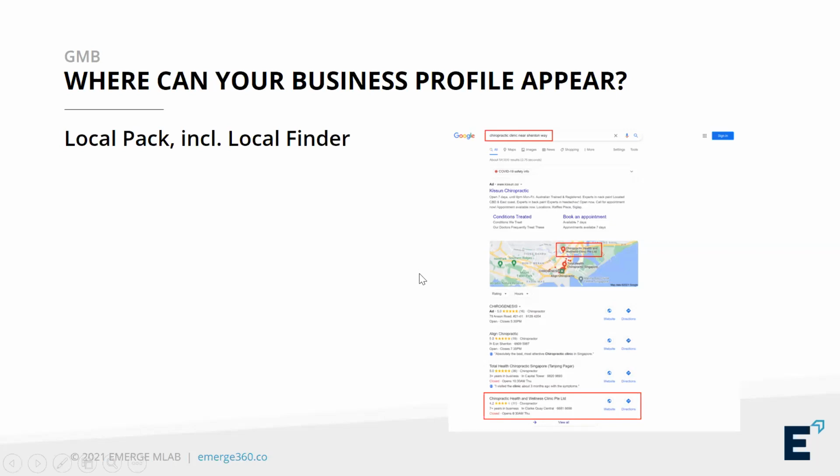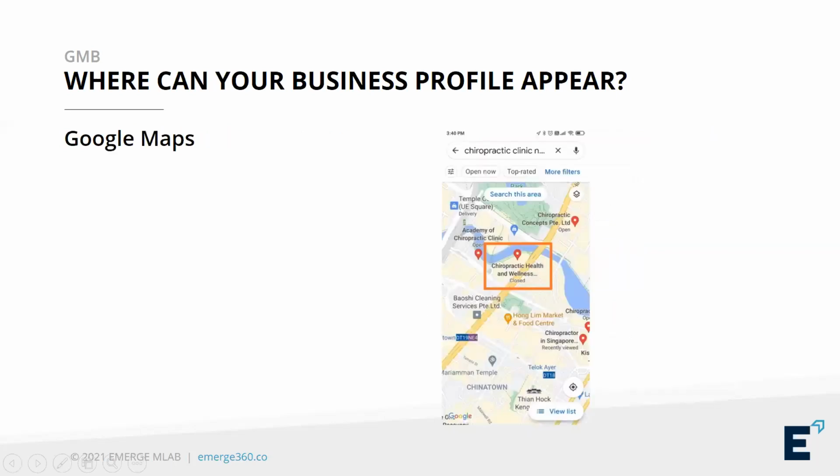It could, right? The next is if a driver were to search in maps, for example, chiropractic clinic near Shenton Way, and your clinic shows up, or actually a number of clinics show up. Could it actually draw more customers to your location?